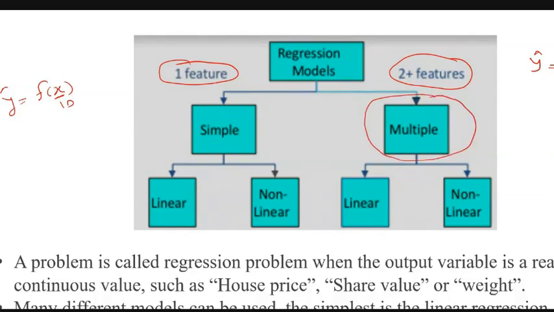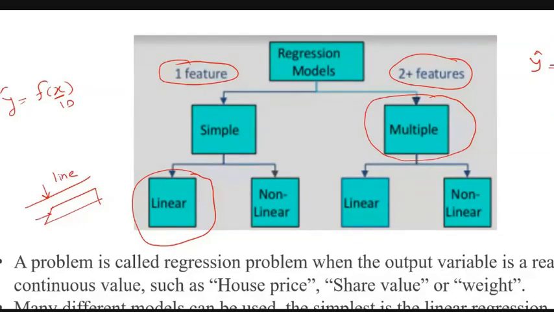Then there are two things you can have. One is a simple linear function you can fit for the given data. So you're fitting some straight line or some plane. When it goes to multivariate, it will be called a hyperplane. So when you have only one feature, you are fitting a line.